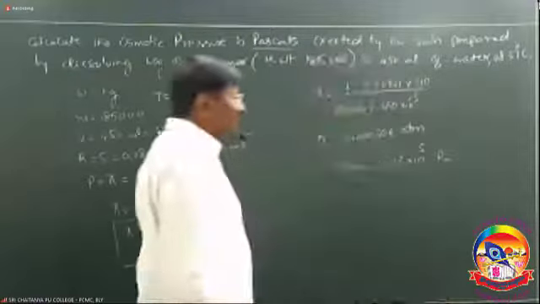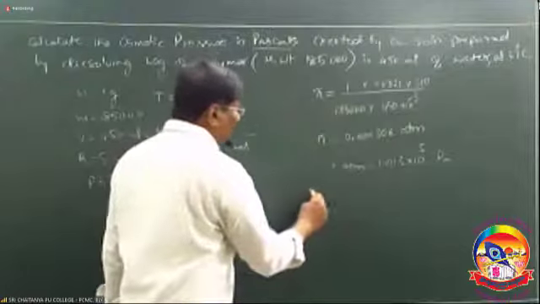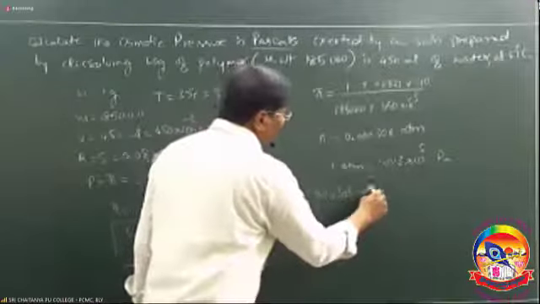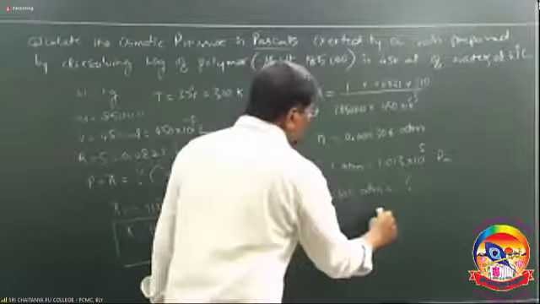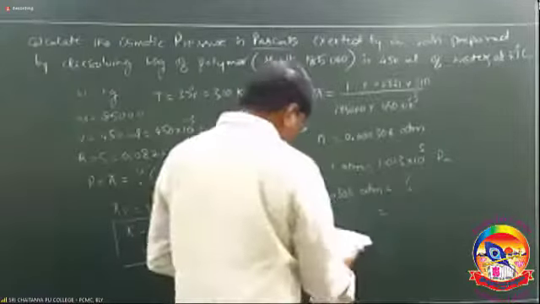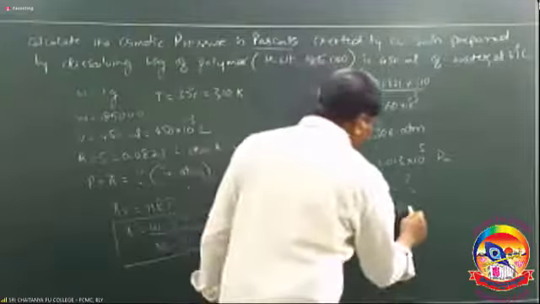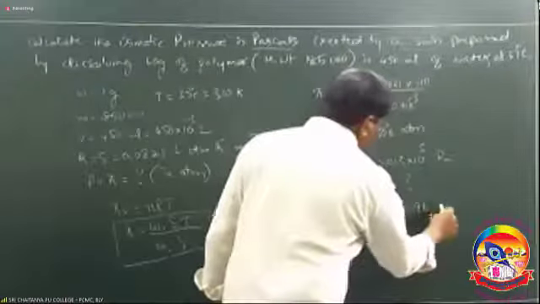Is it not? So 0.000306 atmospheres is equal to, you will get the answer as 30.96 pascals.